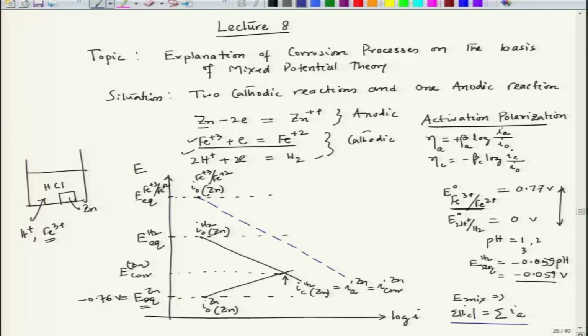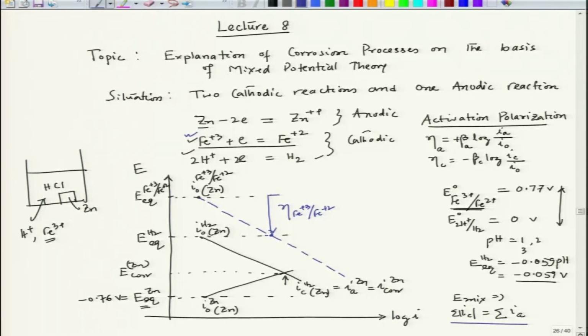So, whenever it is experiencing another cathodic polarization, those currents are to be added up. So, that means if the polarization level is this much, this is the polarization level for this reaction.